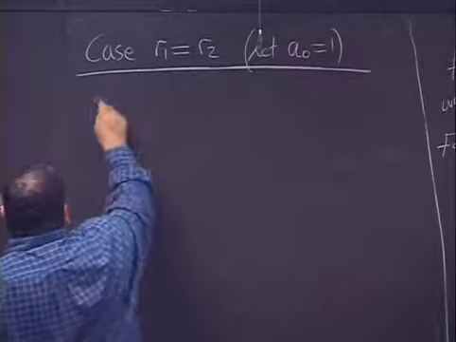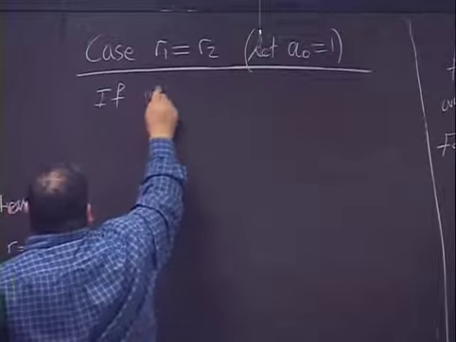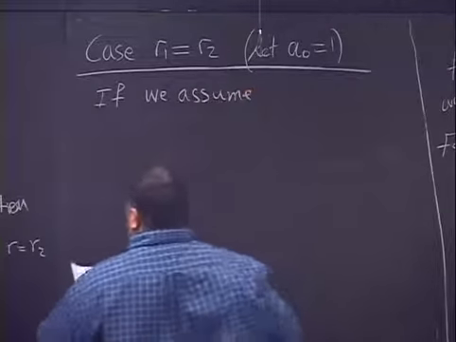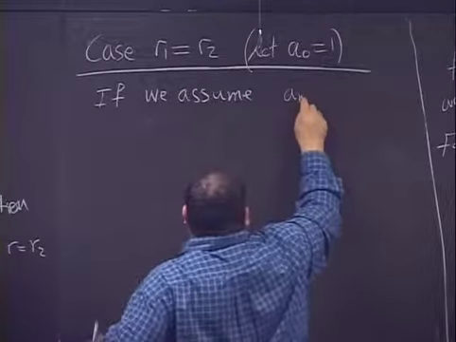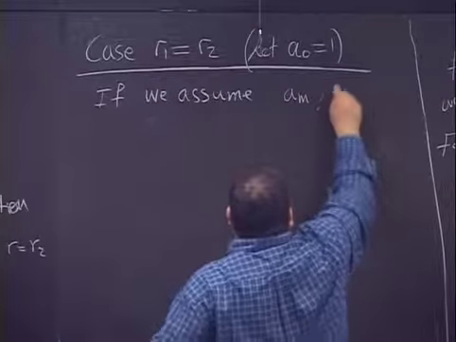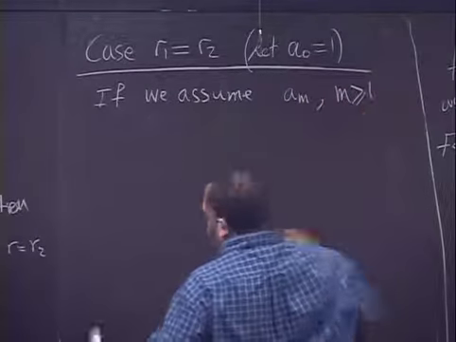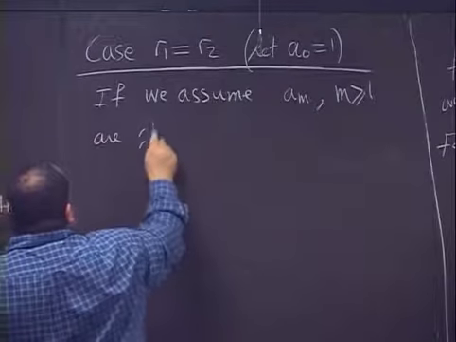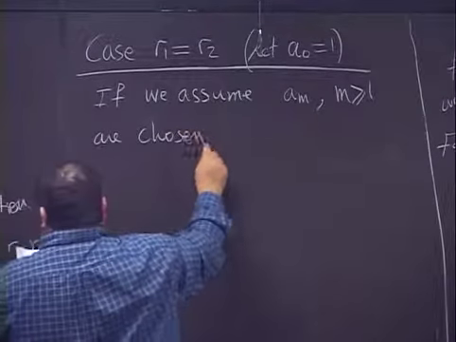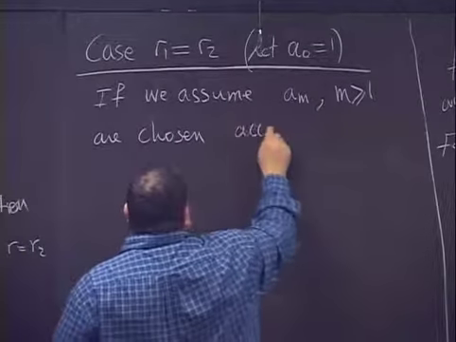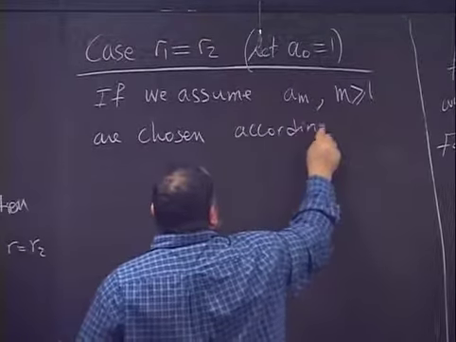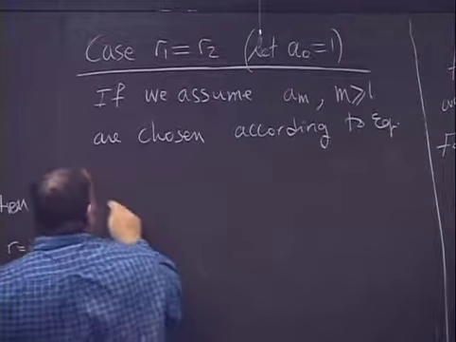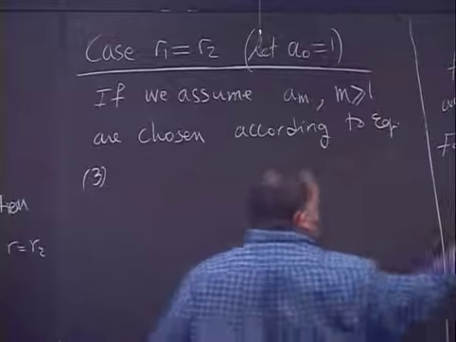So if we assume that a_m, where m greater than or equal to 1, are chosen according to equation 3, this is equation 3 here.